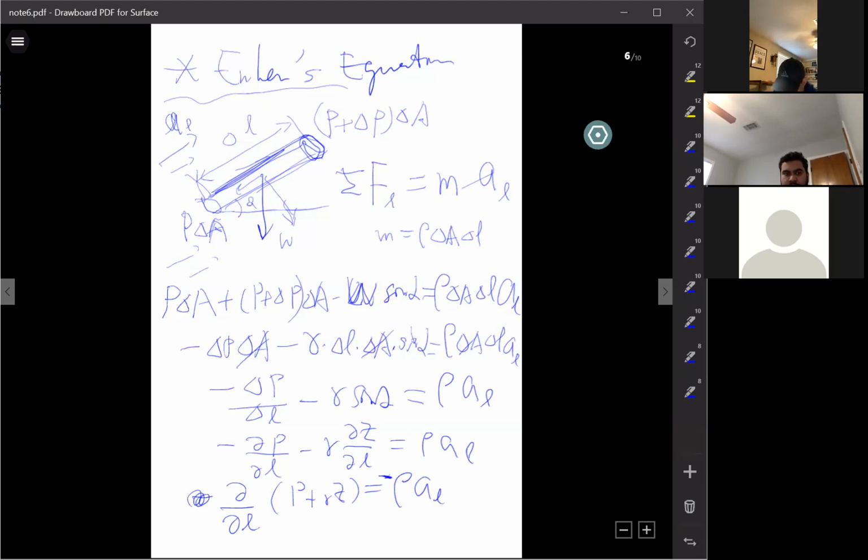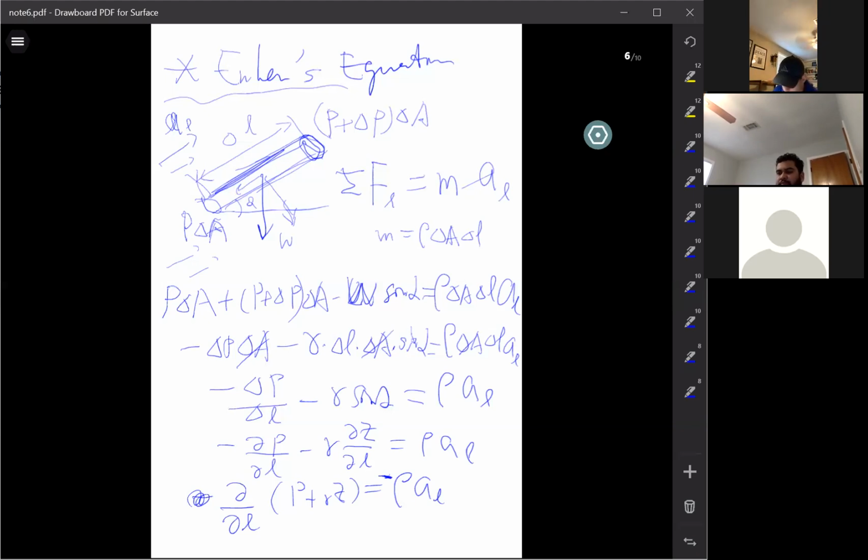The difference from last time is the right-hand side. Last time in hydrostatics, there was no acceleration. Acceleration equal to 0 is a special case of the Euler equation. Basically, the Euler equation is more general than the hydrostatic equation. If you substitute A_L equal to 0, then it becomes hydrostatics.